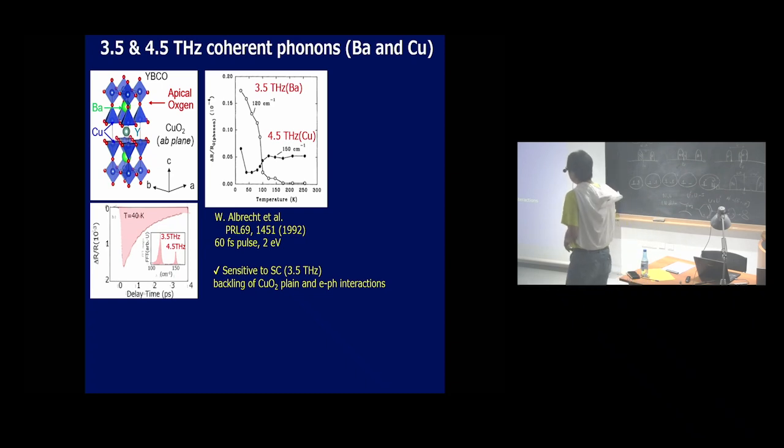Actually, the pump-probe experiment detected in the ab plane can give a clear observation of such oscillating structure. And it is noteworthy that the amplitude of the Ba mode showed a clear increase below the superconducting transition temperature, although that for the Cu mode is not so clear.